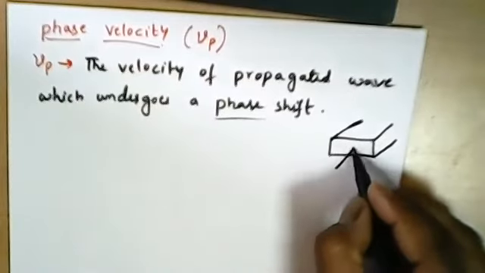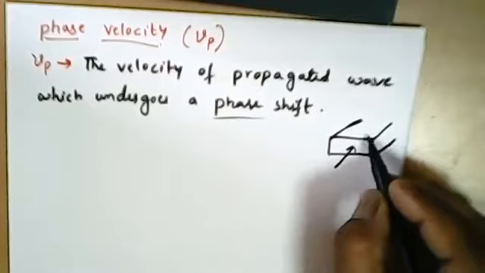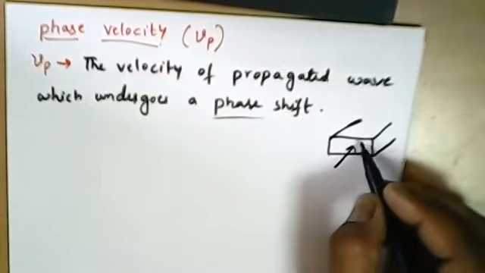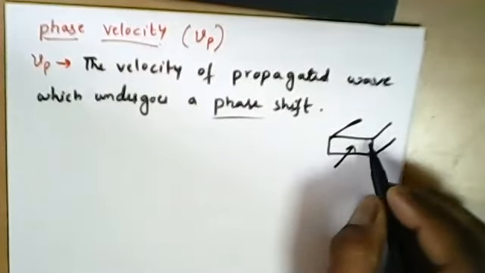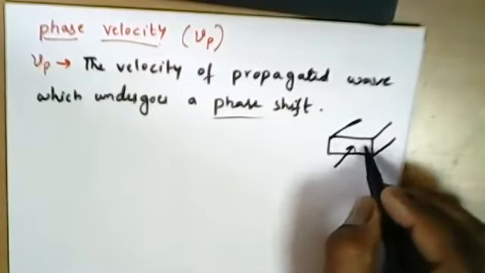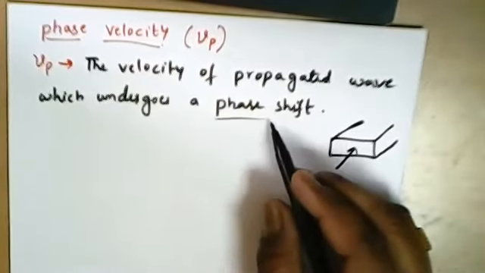So during the propagation, the wave may undergo some phase shift with some certain velocity while propagating in the waveguide. That is nothing but the phase velocity. So this is the definition we have.